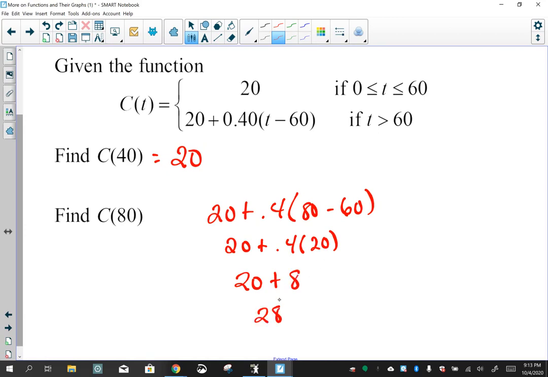So I get 28 as my answer. So when I'm looking at this 80, I wind up with a 28. Okay. Piecewise functions are extremely easy. You just got to look at the boundaries themselves. Okay. But just keep that in mind.